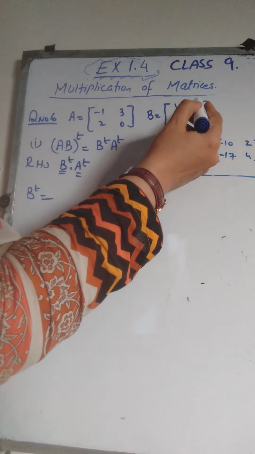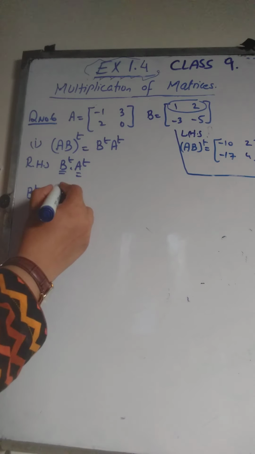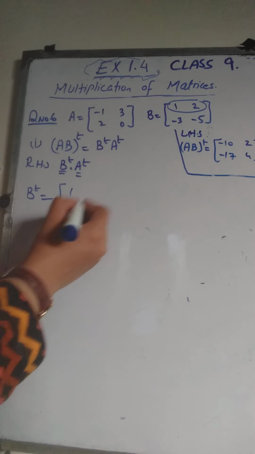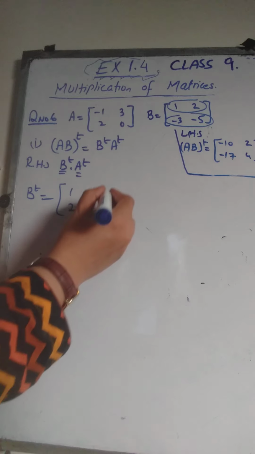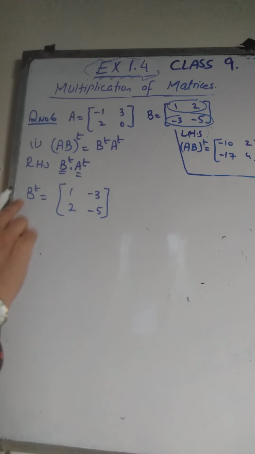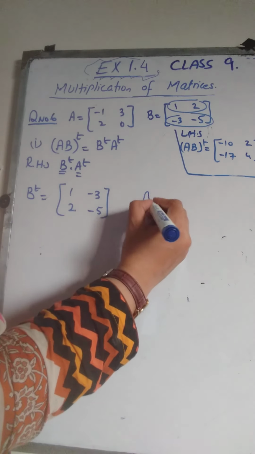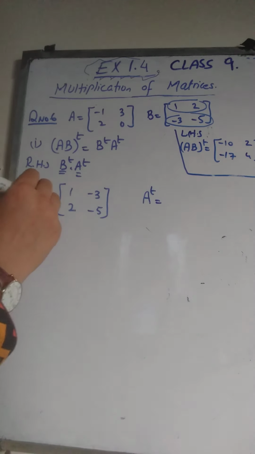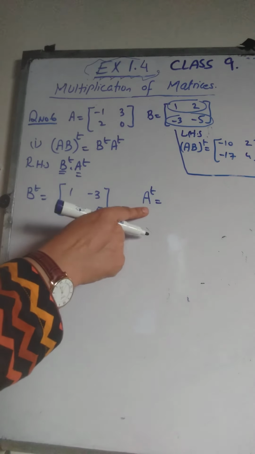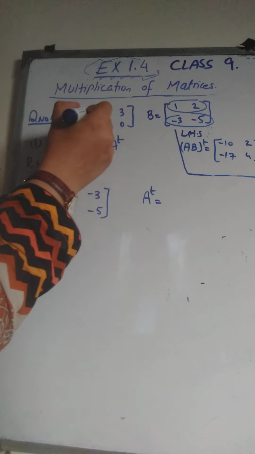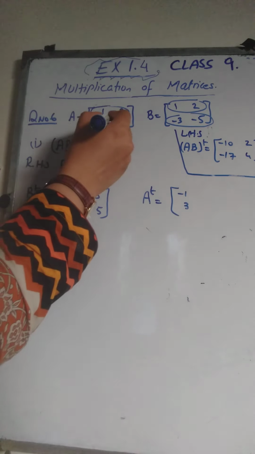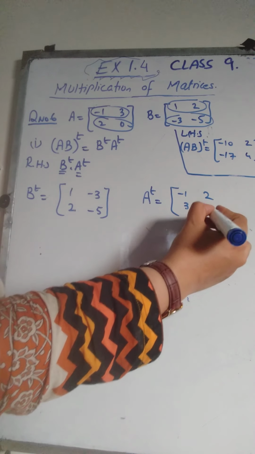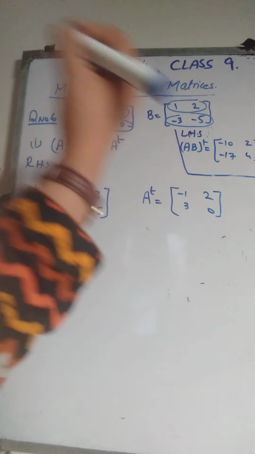B is this matrix, making the first row the first column, and then the second row the second column. This is how we get the transpose of matrix B. And for making the transpose of matrix A, what we do is pick the first row, make it the first column, and then pick the second row and make it the second column.